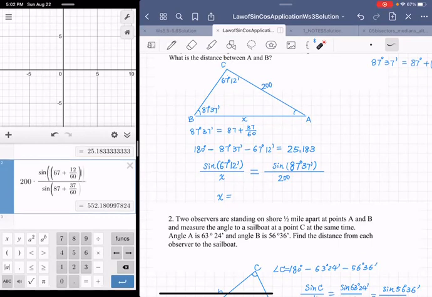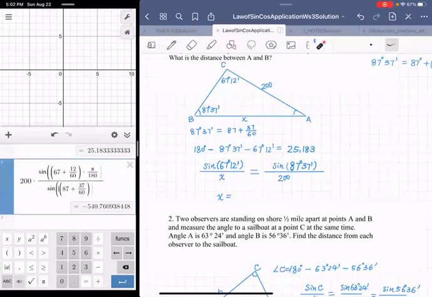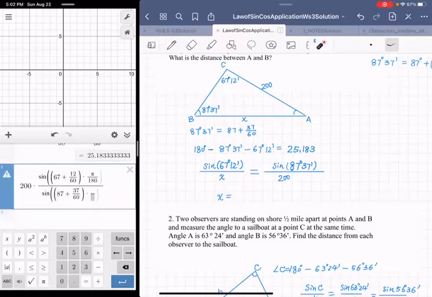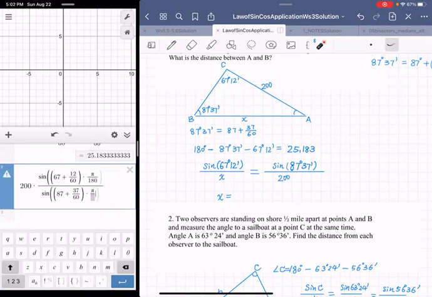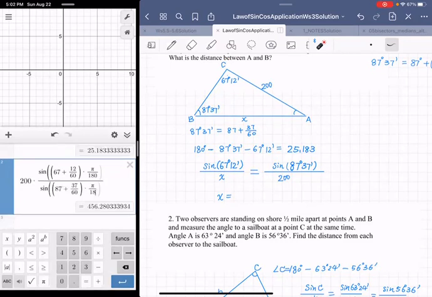So I'm going to do it here. I times by pi divided by 180. And then again here, I times by pi and divided by 180.